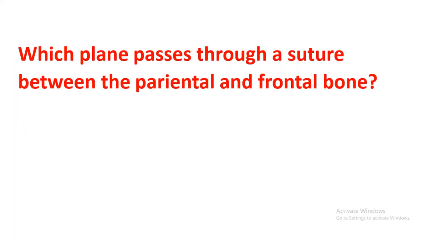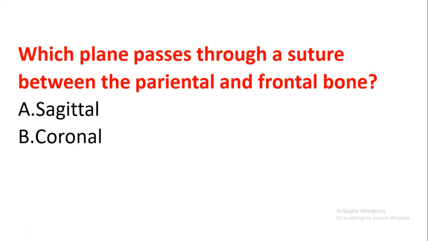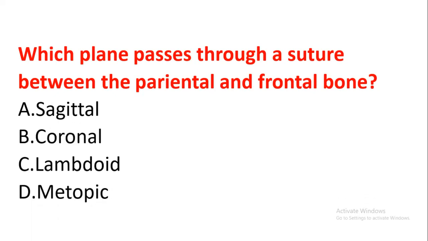Which plane passes through the suture between the parietal and the frontal bone? Remember, I just talked about these important lines. One of the lines which I talked about was the sagittal line. So this sagittal line is a line which is passing through the suture between two parietal bones.